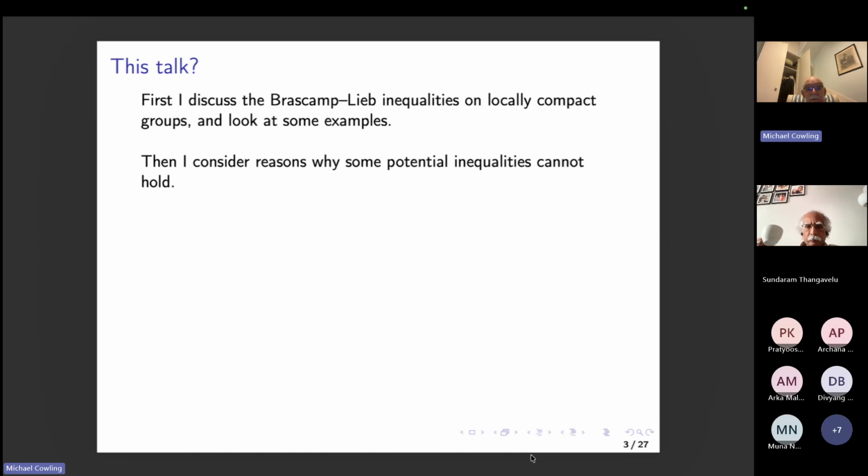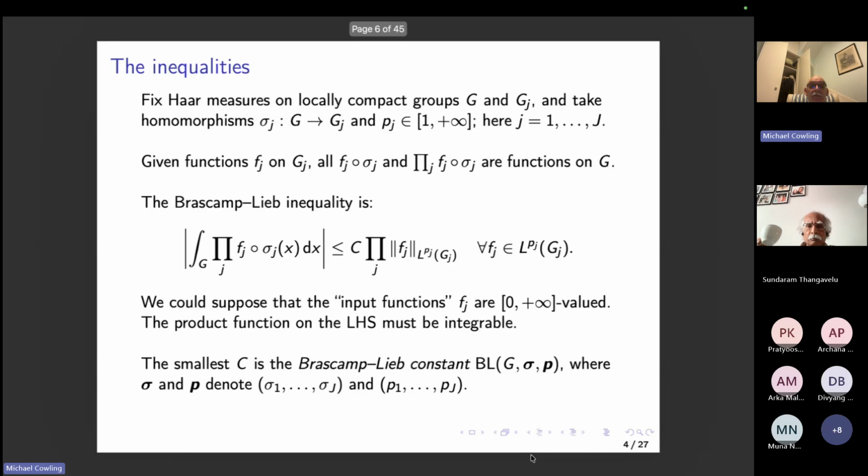So in the end, I think that there will probably not be all that many interesting Brascamp-Lieb inequalities on non-abelian groups, and so perhaps I'm just saving some of you the trouble of finding this out for yourself.